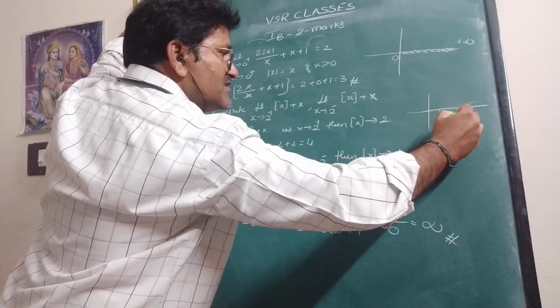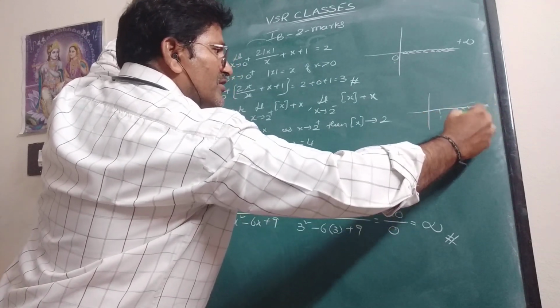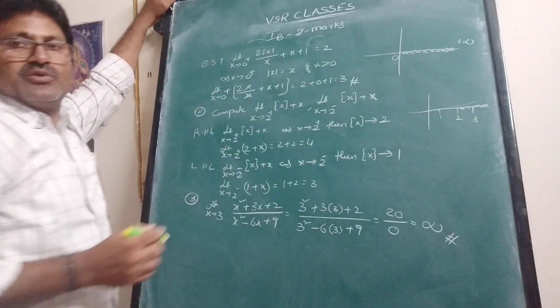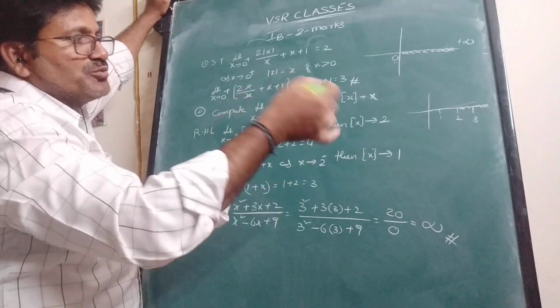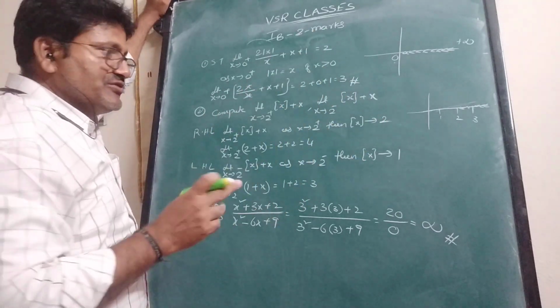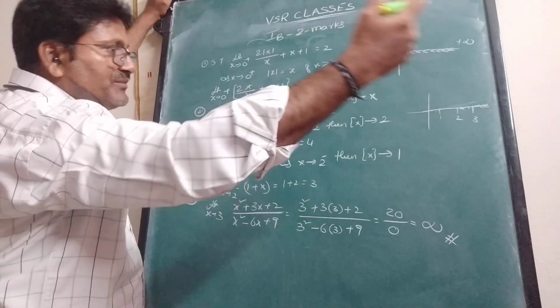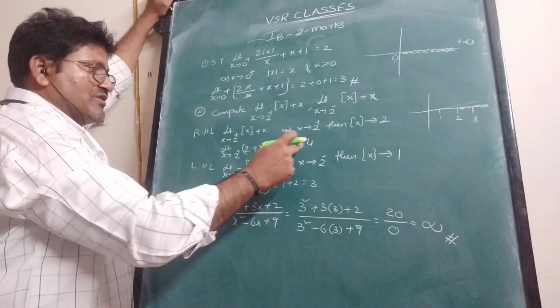This is 1 and this is 2. It is approaching near 2. What is the value of step x within 2.5 or 2.1? It gives 2. So step x tends to 2 when approaching from the right hand side. That is 2 plus x, which is 2 plus 2 equals 4.